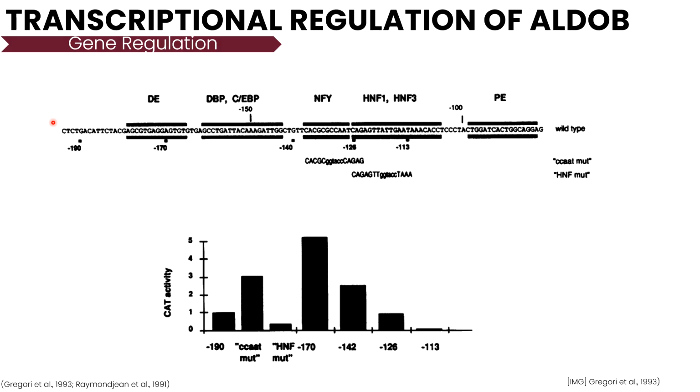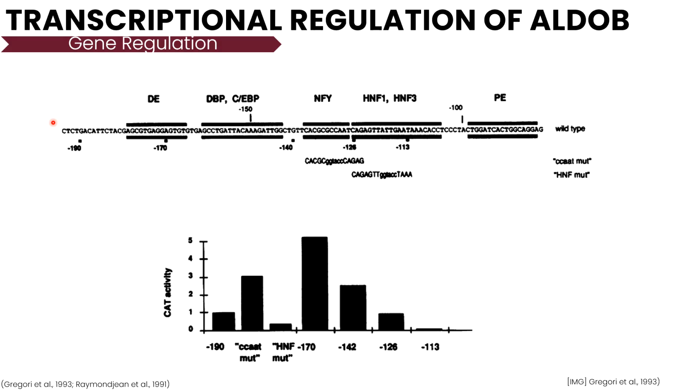Gregory and his colleagues identified the binding regions with their functional effects on the promoter activity. There is a lot happening in this figure. We do not need to memorize the DNA sequence. What I want you to focus on is who binds where and what happens to promoter activity when these regulatory regions are changed, okay?